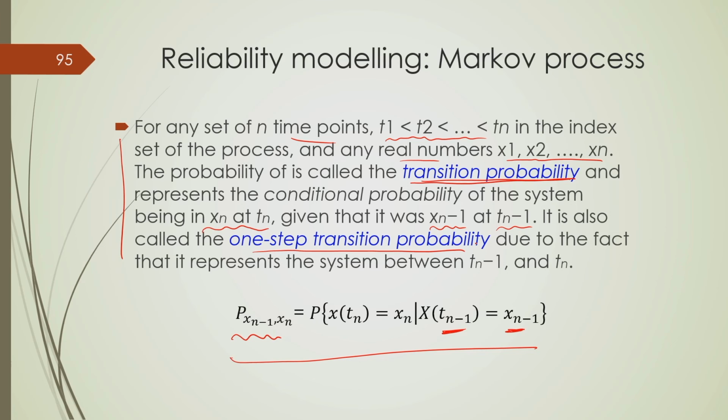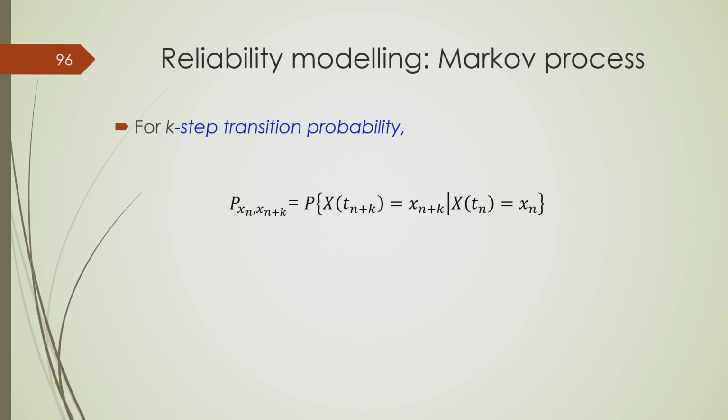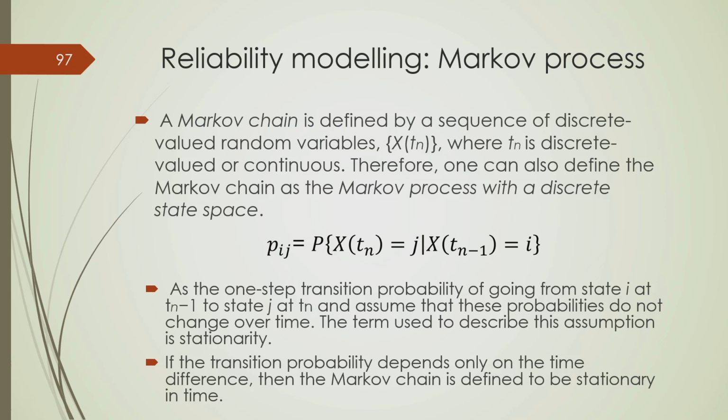Okay. So, we can also find the k step transition probability, that means the system will be at state x_(n+k) at t_(n+k), provided that it was at x_n at t equal to t_n. Okay. And also we have a concept of Markov chain. Markov was a Russian mathematician.